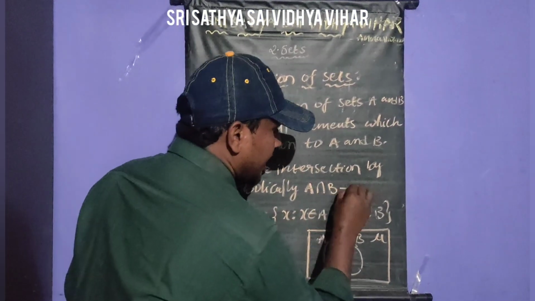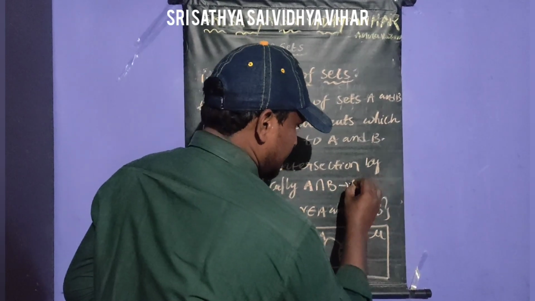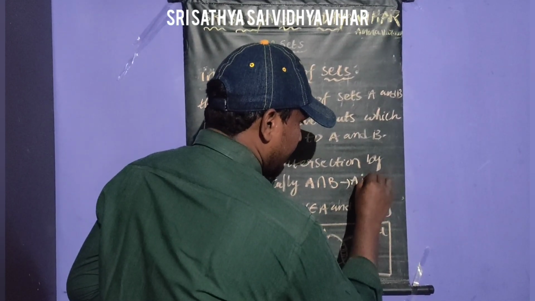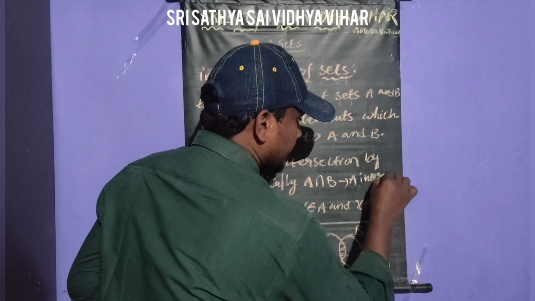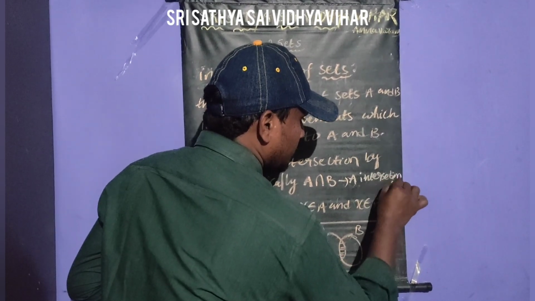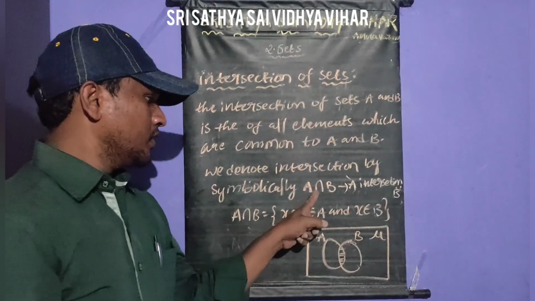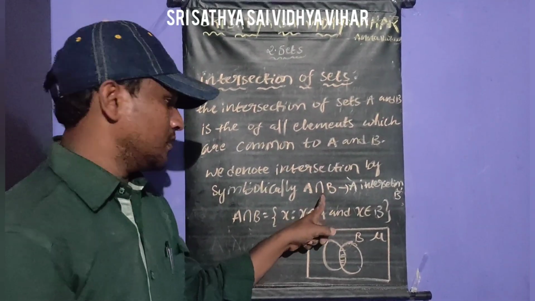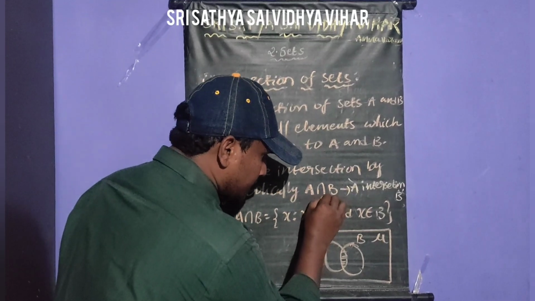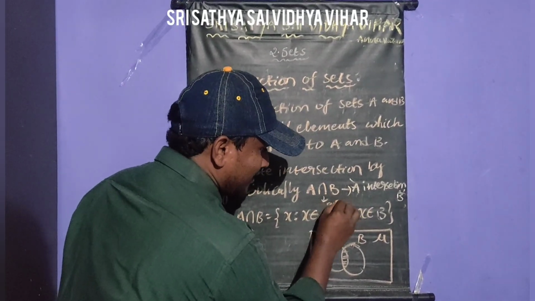We read it as A intersection B. This symbol is intersection. This symbol is AND.